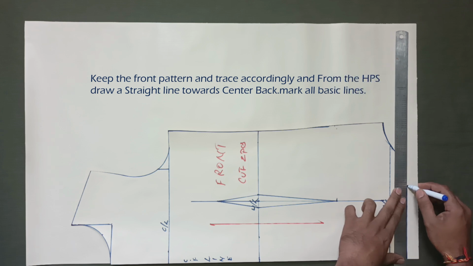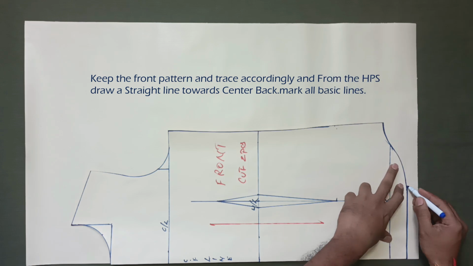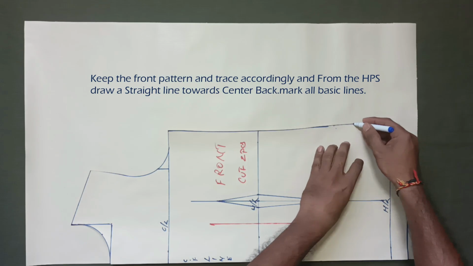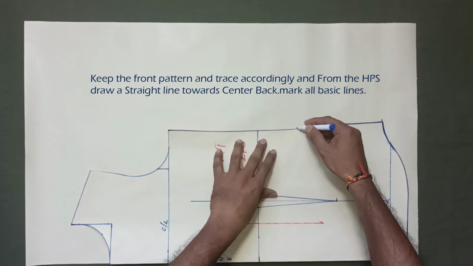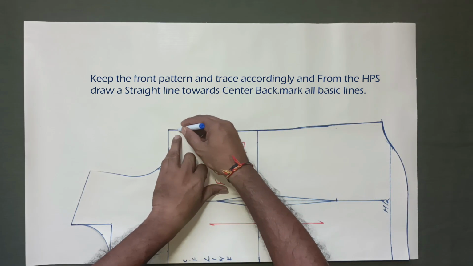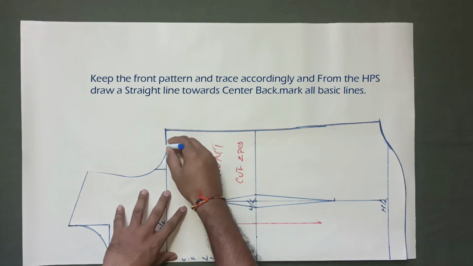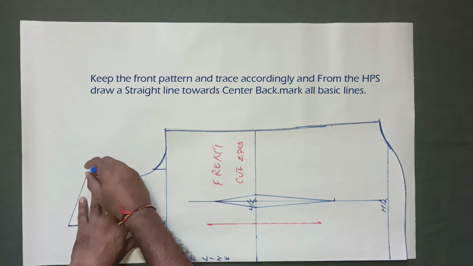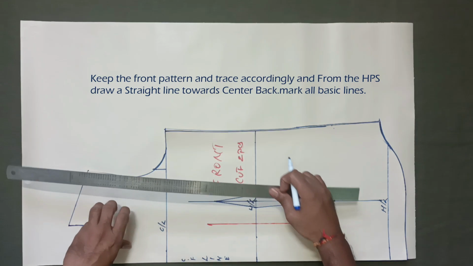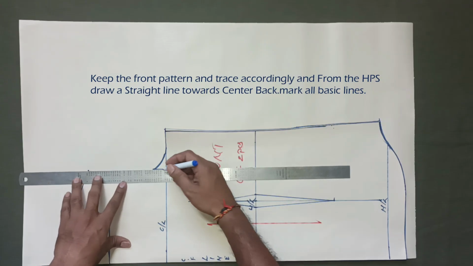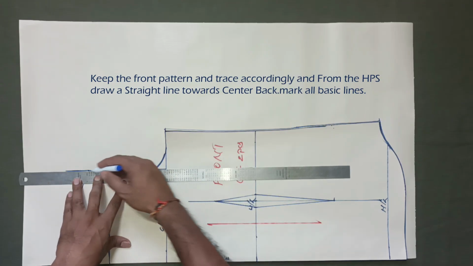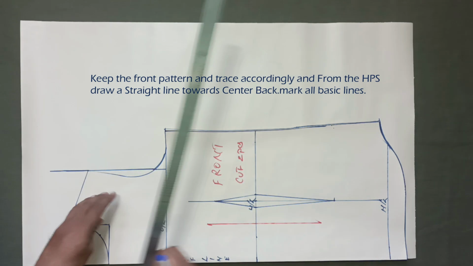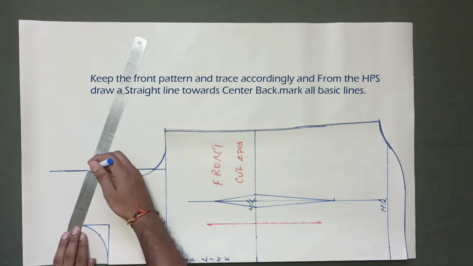You can use a scale to draw the straight lines. Draw a straight line, extend it a little bit, 2 to 3 inches for the marking, and draw the shoulder slope line.